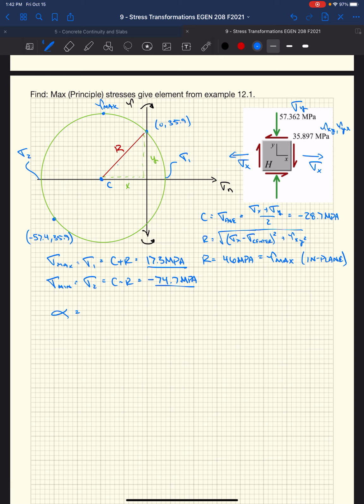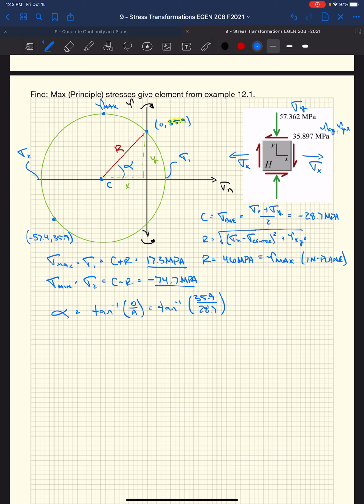we'd figure out what this angle alpha is, right? Which again is the inverse tangent, opposite over adjacent. In our case, the opposite over adjacent is 35.9, that was our shear stress of our X face, and then 28.2 megapascals gives us our adjacent.